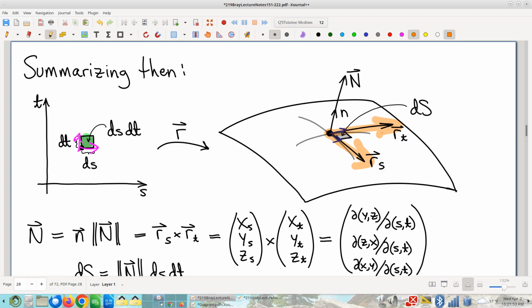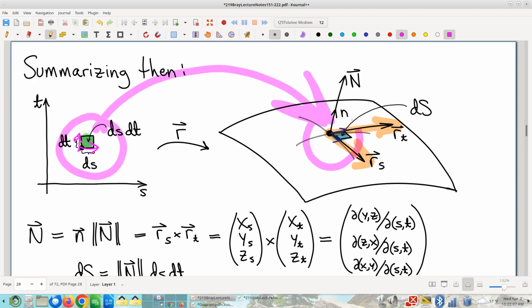So using these, we can then talk about what this output area is, and the ratio between the output area and the input area is the stretching factor. And we talked about that last time. The stretching factor, the amount that this area gets stretched out by the parameterization, is the magnitude of the capital N vector. What's the capital N vector?